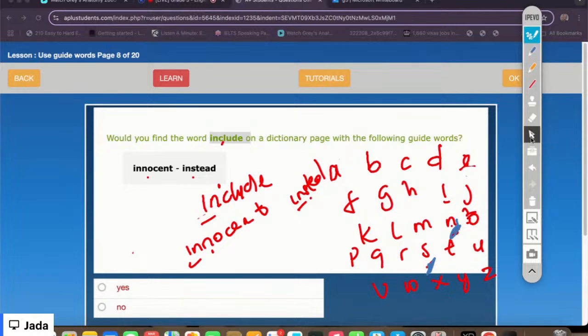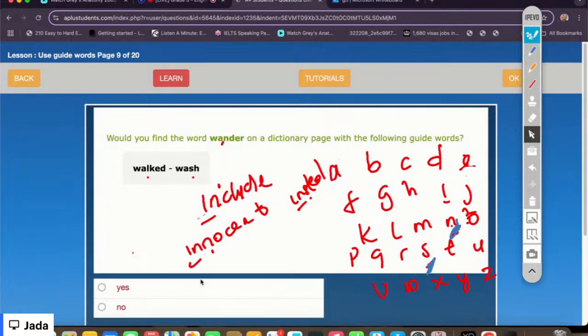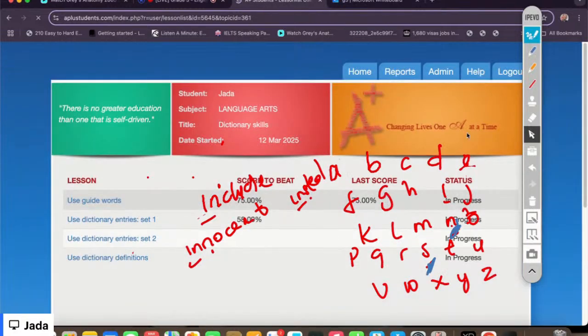Can you tell me on the chat if you have any questions before we move on to the next lesson? Do you have any question? And I can answer and make correction for you. Any question?